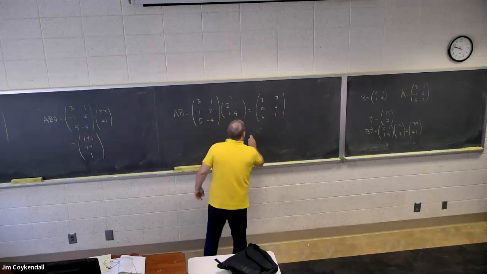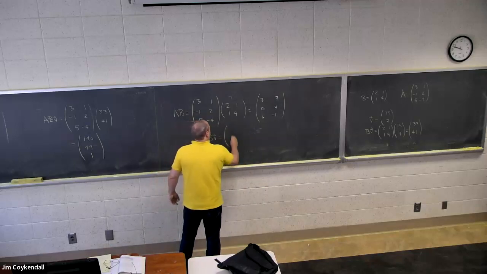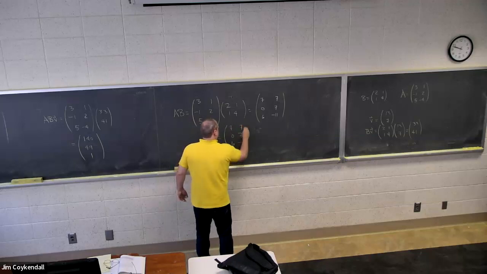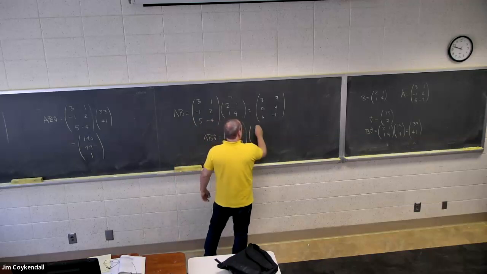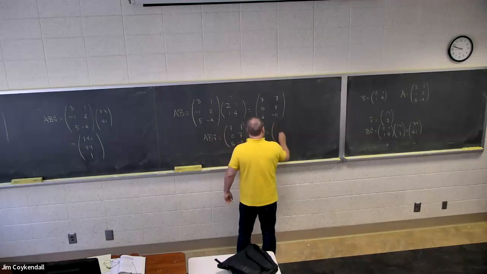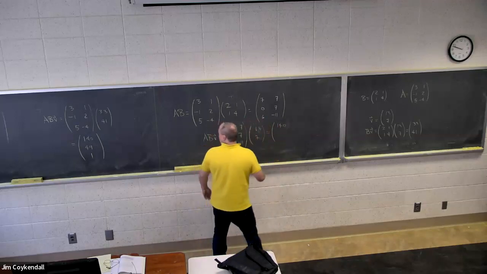And so if I look at AB, this is 7, 7, 0, 7, 6, minus 11 times my original 13 is 7. And that is 20 times 7, which is 140. This is 49.